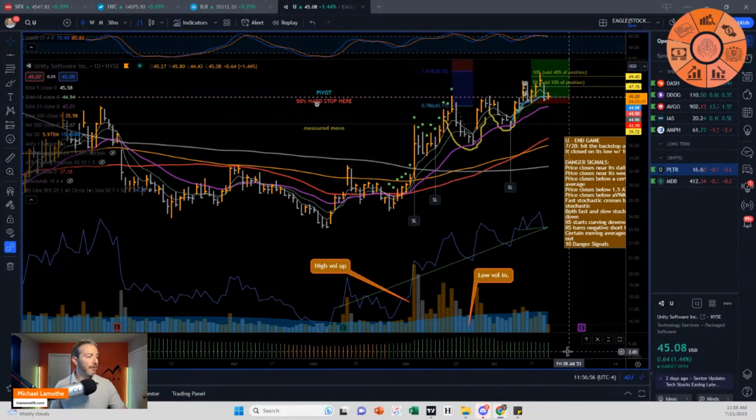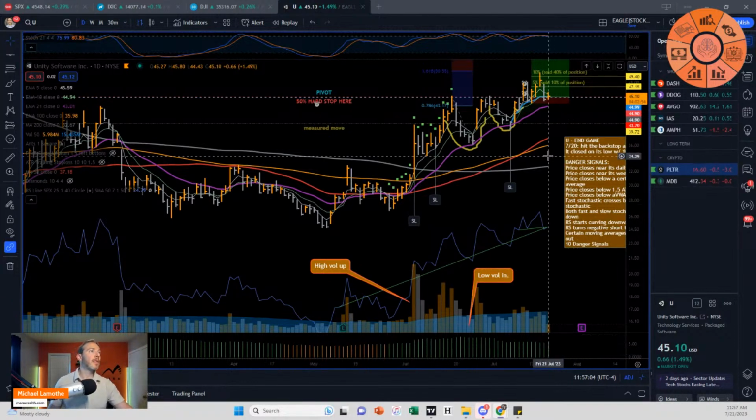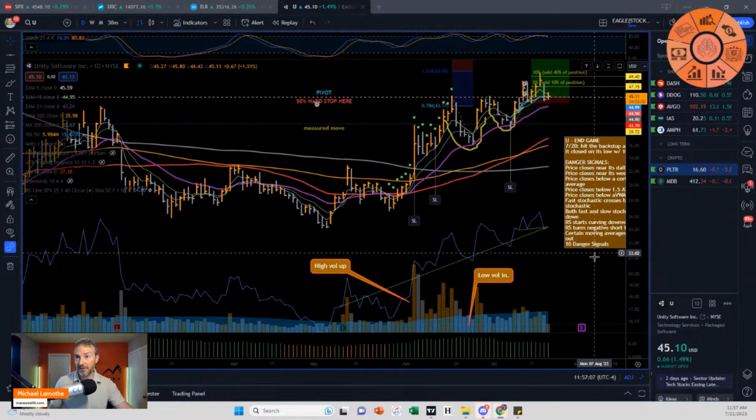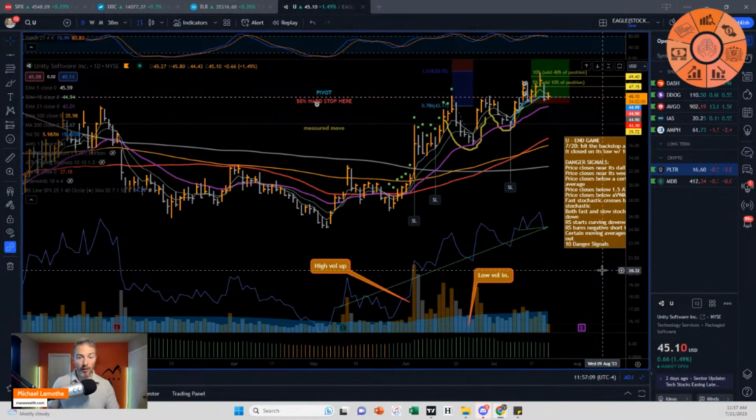For Unity Software, it is about 5.5%. So if I'm getting in with a 2.5% stop, then there's a very strong chance that I'll be at twice my risk just based on the regular move of the trade. That's something that I like.